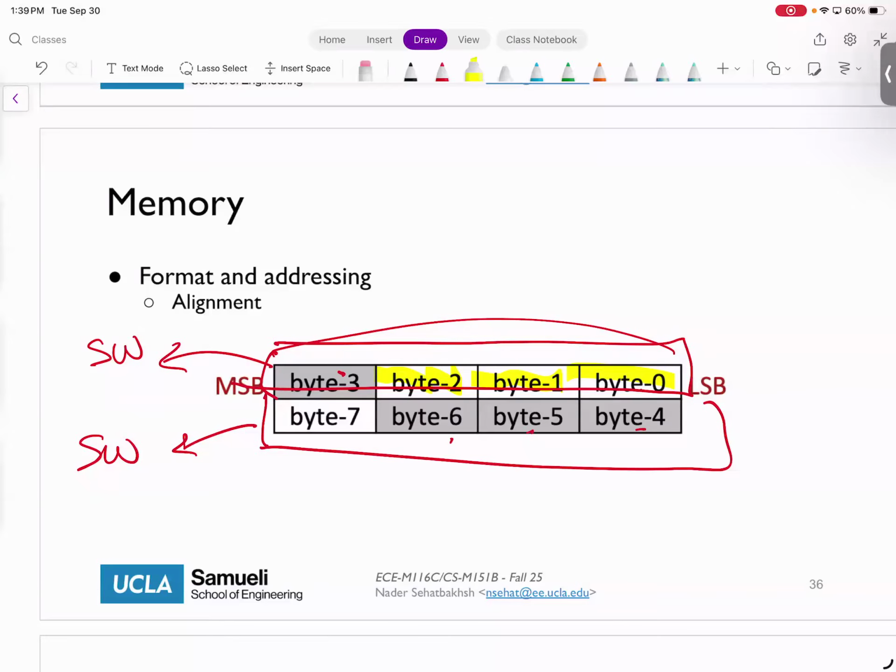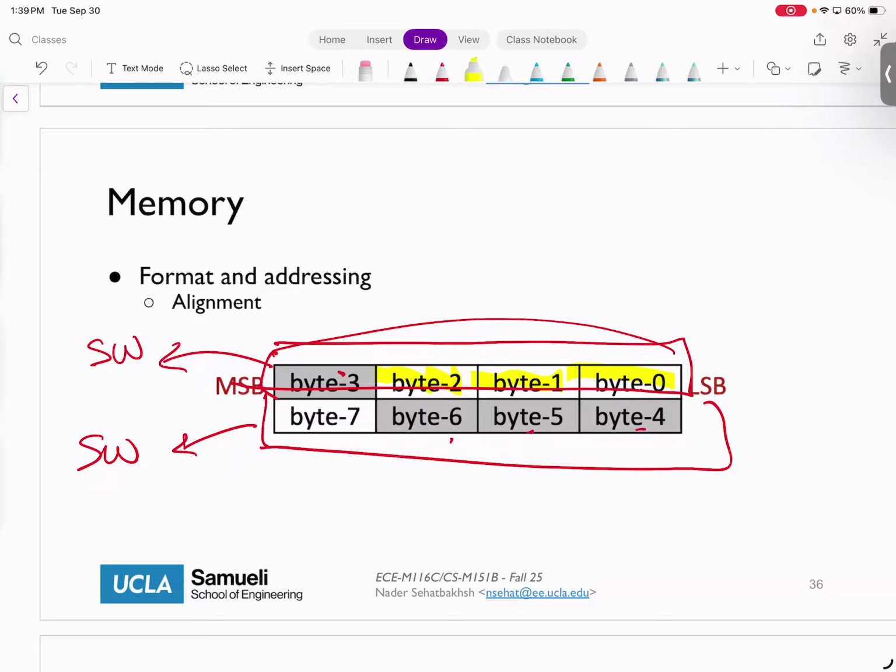We're going to talk about data management, but just keep in mind that if these are not aligned perfectly, starting from 0 to 3 and then 4 to 7, so the power of 2, then this is a misaligned load or store, and either I need to issue multiple of these, or I need to add additional hardware to be able to handle this.